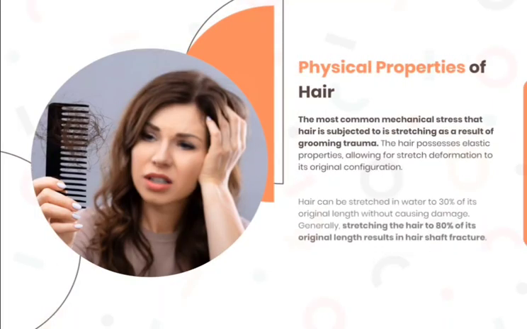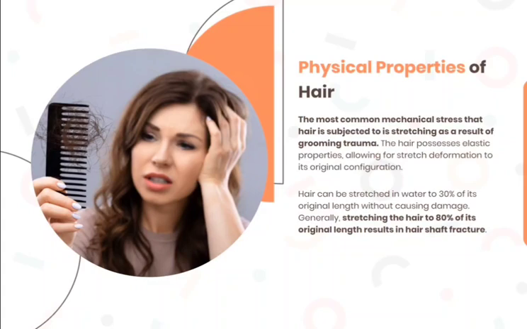The most common mechanical stress that hair is subjected to is stretching as a result of grooming trauma. The hair possesses elastic properties, allowing for stretch deformation to its original configuration. Hair can be stretched in water to 30% of its original length without causing damage. Generally, stretching the hair to 80% of its original length results in hair shaft fracture.